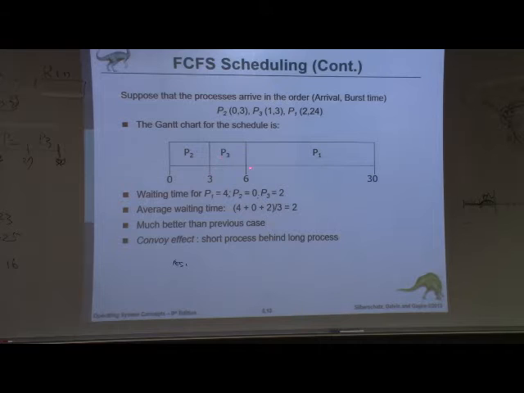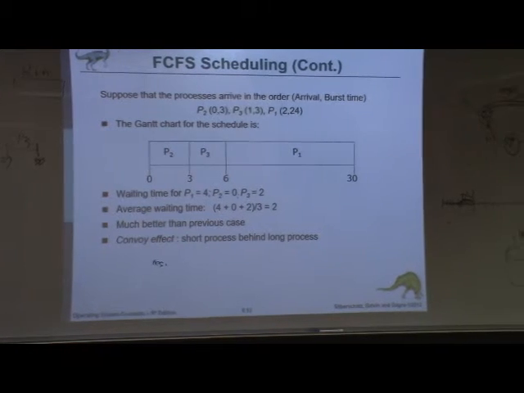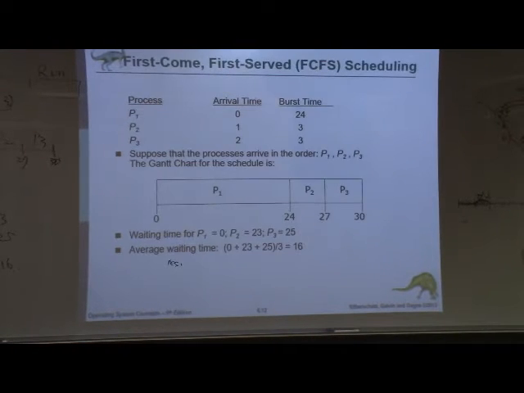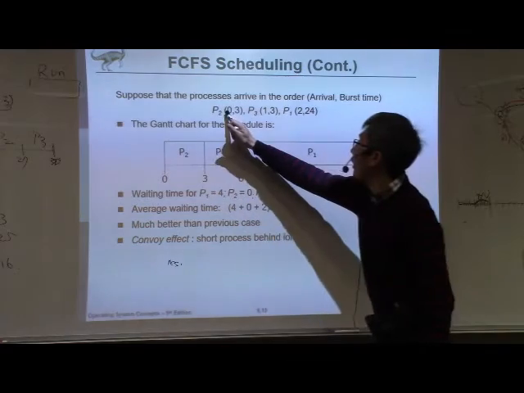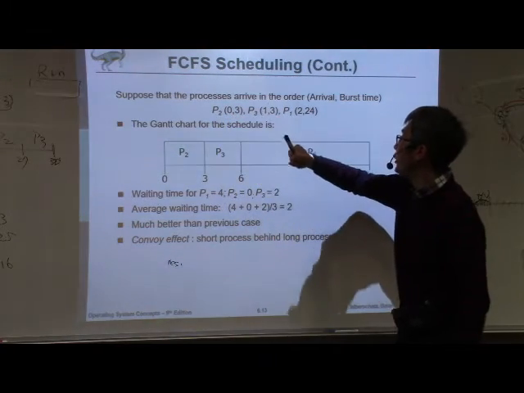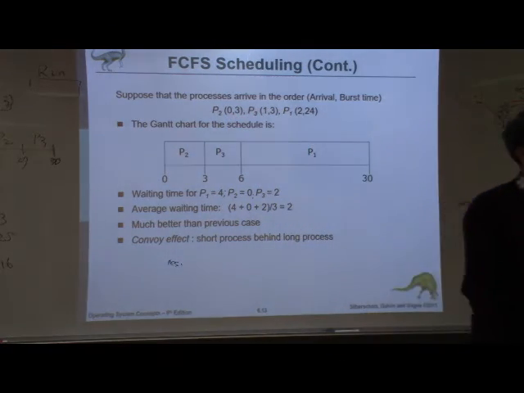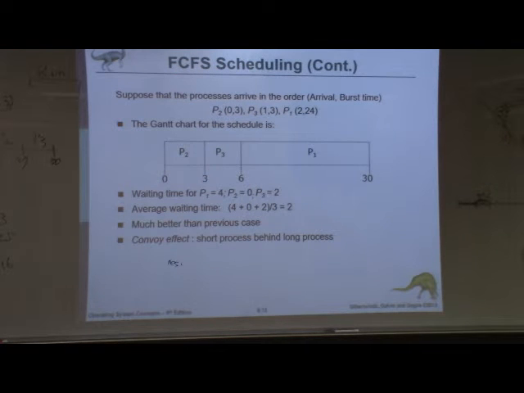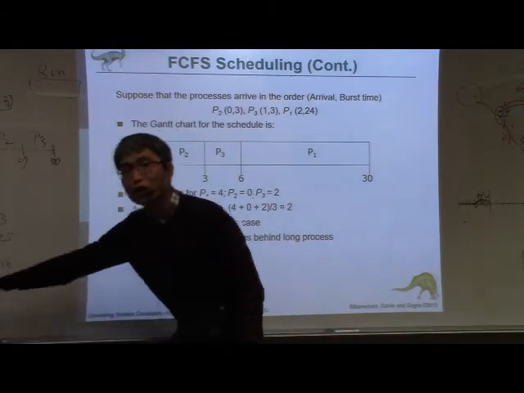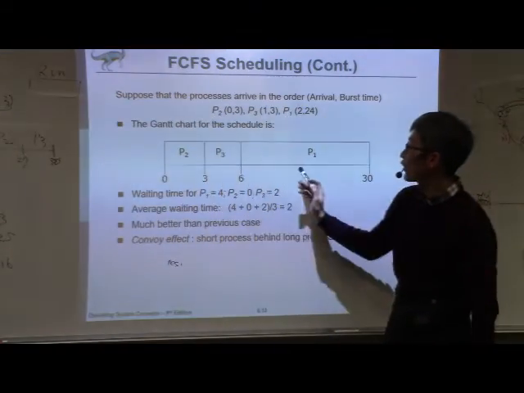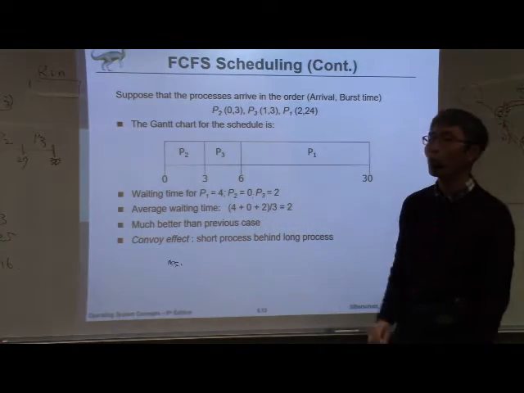As we discussed. So for example, why don't we change the arrival times, so P2 arrives first, P3 is next, and P1 is the last one, with the same CPU burst times. I don't have to draw it again; just quickly see the Gantt chart: P2, P3 and P1.